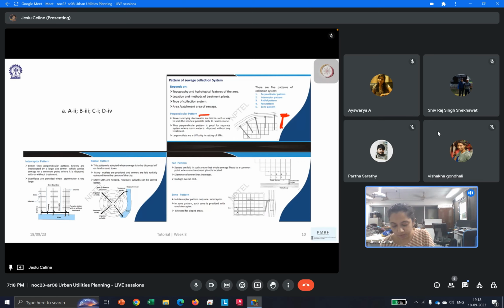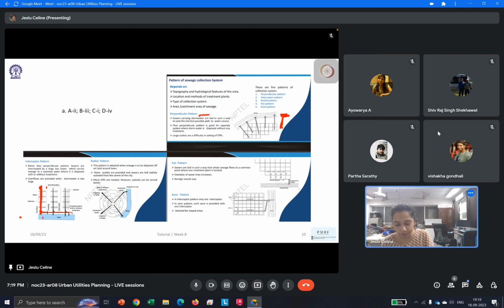Then you have the interceptor pattern where you have the main sewer line. The dark black one is the main sewer line, and you have multiple small lines which come from multiple regions and connect to this main sewer line, and then it's disposed to the nearby water body. It may or may not be treated. The advantage of this is that in certain seasons where you don't want to dump it directly, or when there is a high tide, you can channelize it and keep it aside, or do the treatment and then dump it onto the river.